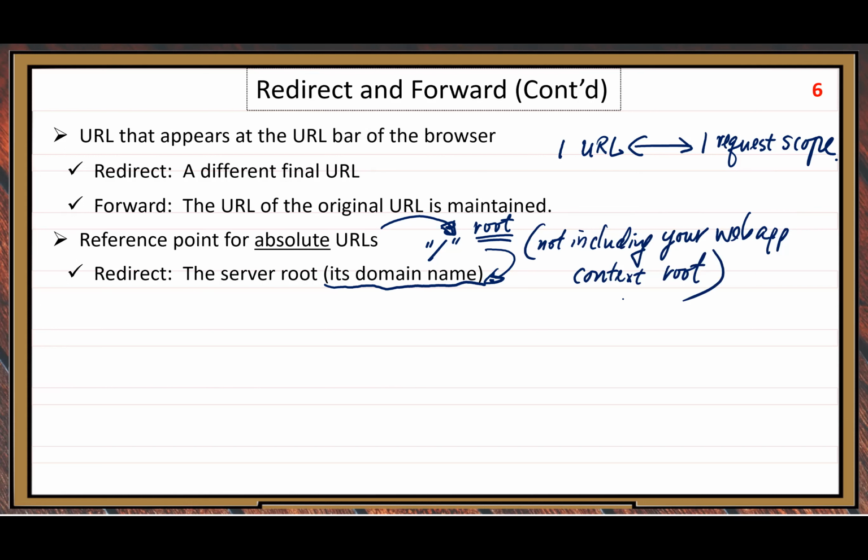Your web app has a context root, right? The folder name, right? Default context root. Usually, in order to access your web app, you need to type that context root. But here, the slash does not include that web app context root part.